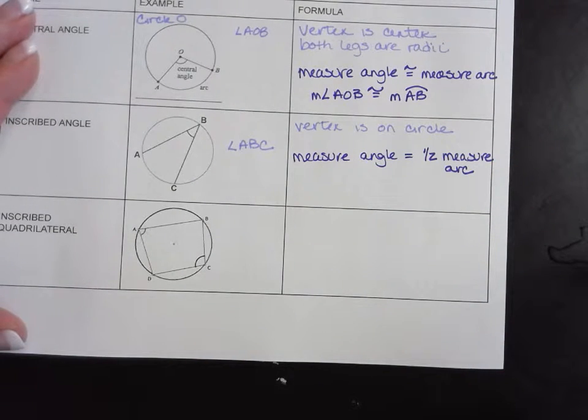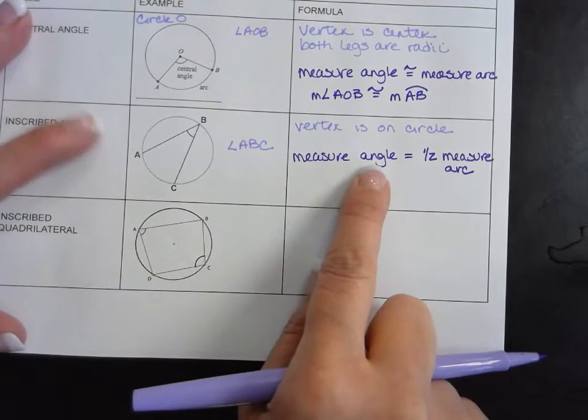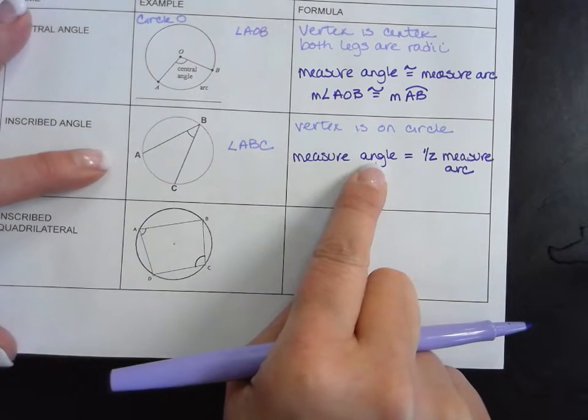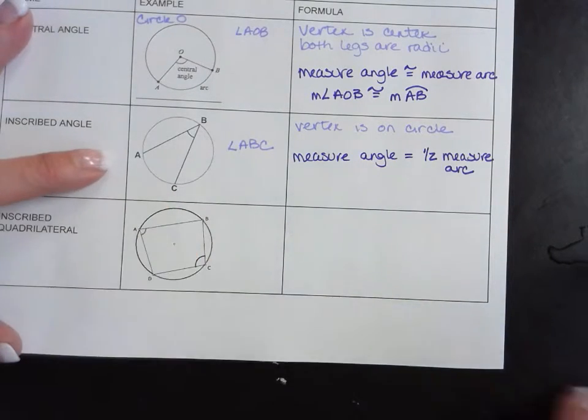Wouldn't it be half of the angle is the arc instead of the angle is half of the arc? What do you think? Which one's smaller? The angle, if you look at it, the angle's going to be smaller, the arc's going to be greater.